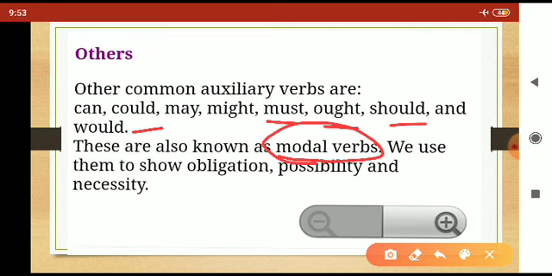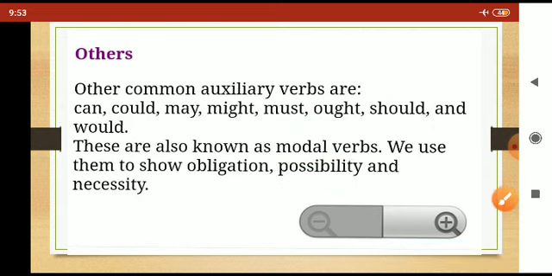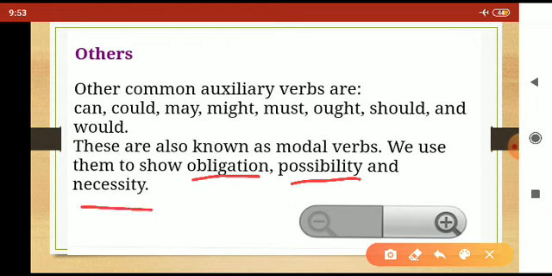We use them to show obligation, possibility, and necessity. So whenever you want to impress upon the obligation or possibility or a necessity in a sentence or in a statement, you can use these modal verbs.